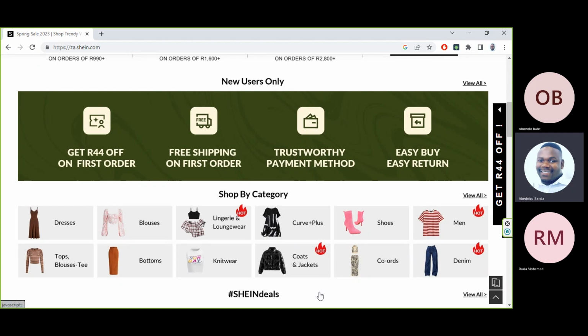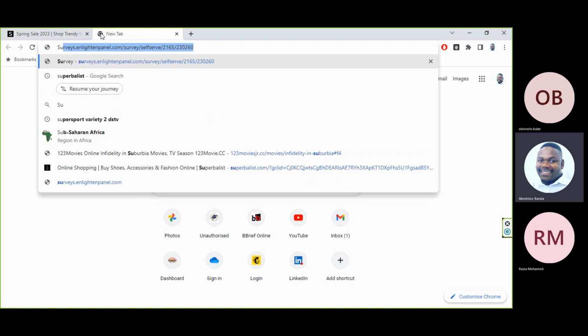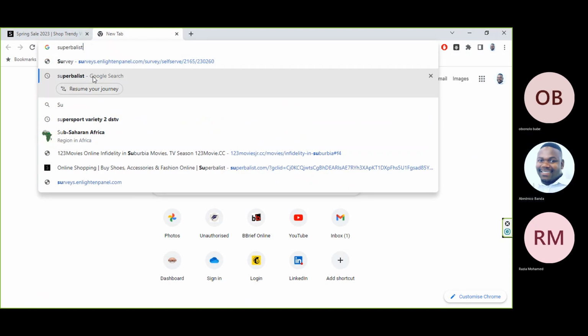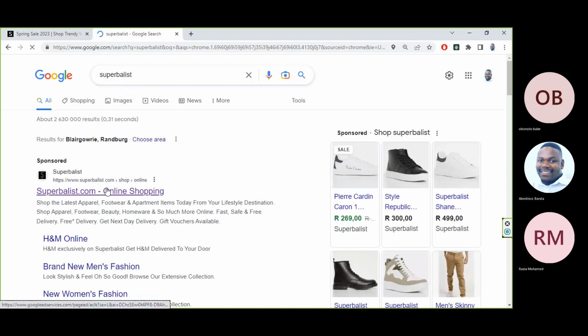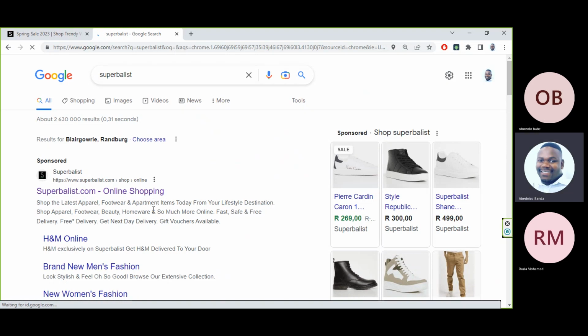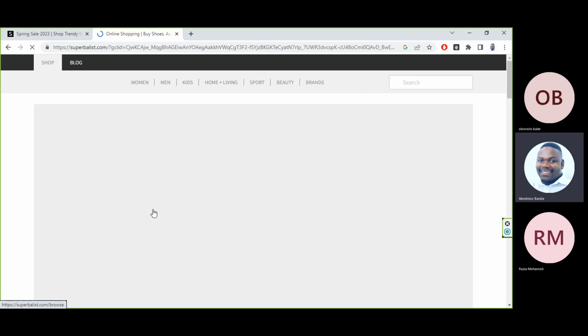Okay, out of sector, let's look at Superbalist, because this one is a local one. So when you are comparing Shein and Superbalist, on internal capabilities, which one do you think has got better resources to manage their site for a good customer journey and customer experience?